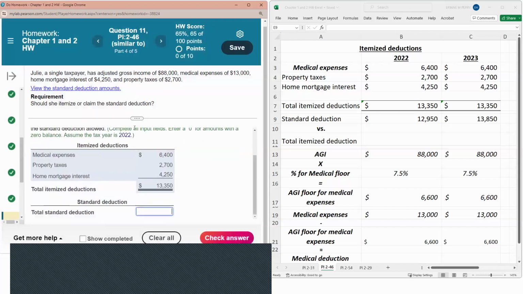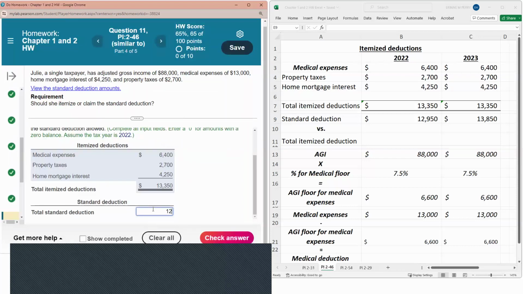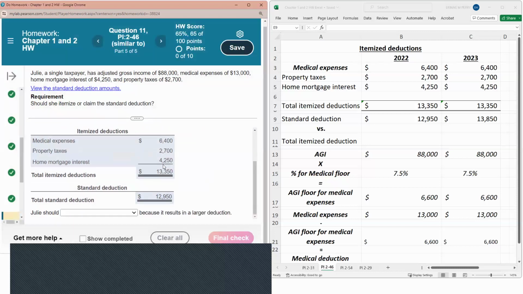All right. Based on this information, the standard deduction for an unmarried individual is $12,950. If we compare the total itemized deductions to the total standard deduction, in such case, Julie should itemize. Why? Because it gives her a larger deduction.